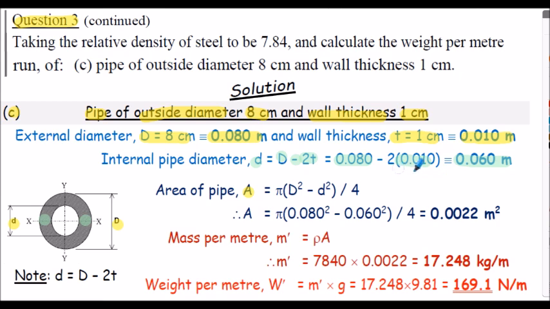They forget to multiply the thickness by 2 when they're calculating the inside diameter. Once we know the outside diameter and the inside diameter, we can calculate the area. And as before, we can then calculate the mass per meter and calculate the weight per meter. Again, I'll let you work through the calculation at your own pace.